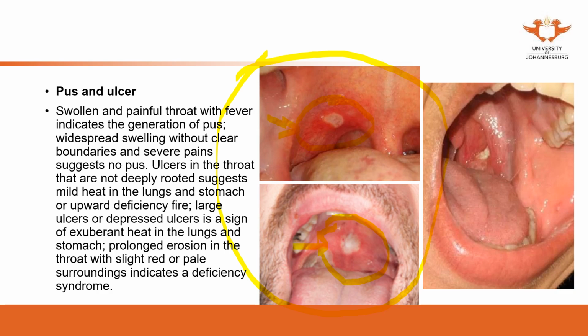When you see the redness, you still remember the redness, that's the heat, the fire, right? So compared with these two, the top one is due to the fire, the bottom one is due to the deficiency. That's why it's cold. That's why it's pale. But for the fire, you're also going to distinguish, is it an excess fire or deficiency fire?